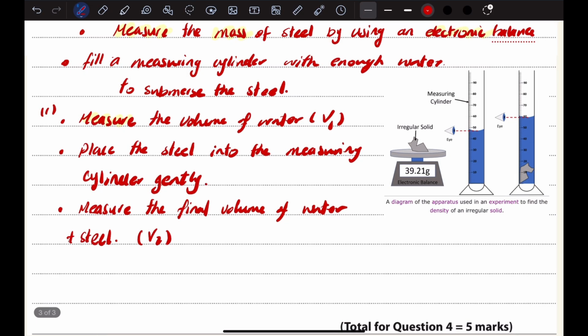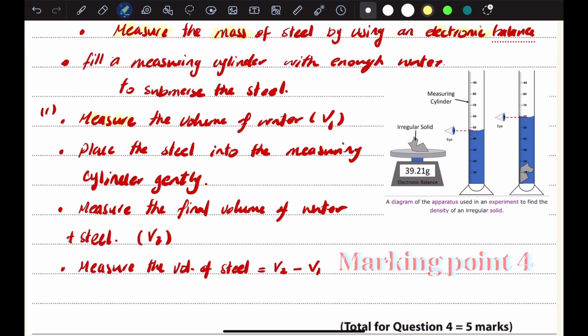So what is marking point 4 here? It is definitely to measure the volume of the steel using the equation V2, the final volume of object and water, minus V1. Shall I get 1 mark? Definitely there is 1 mark for this point. But I did not mention how I can measure the density. Density is mass divided by volume.